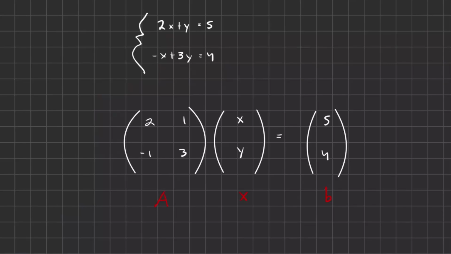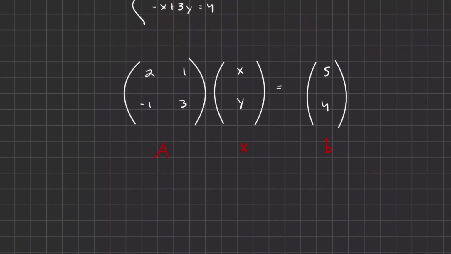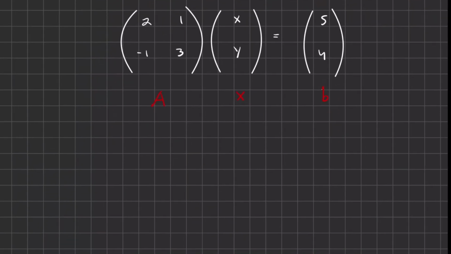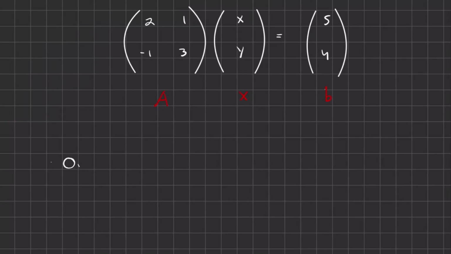So what we call an overdetermined system is when we have more equations than variables.